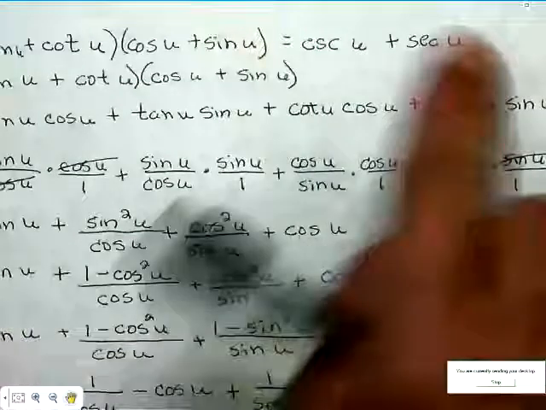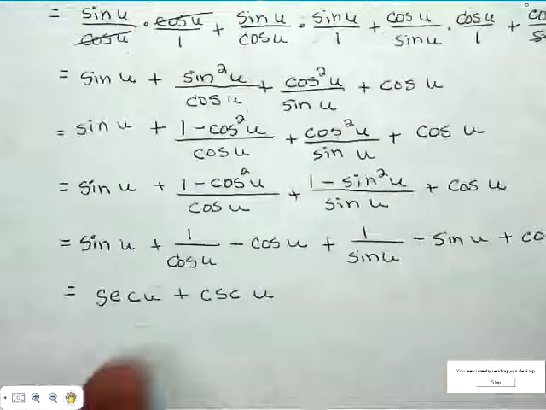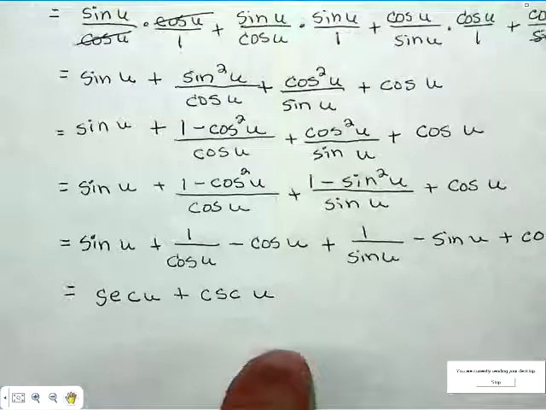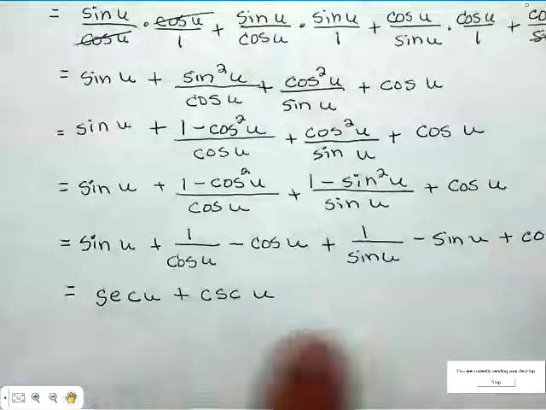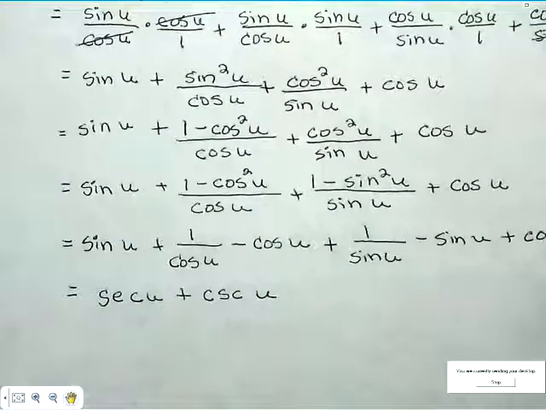I'd rewrite that with one more step and say cosecant u plus secant u by the commutative property of addition, which just says it doesn't matter in what order you write the terms when you're adding. But y'all don't have to do that.